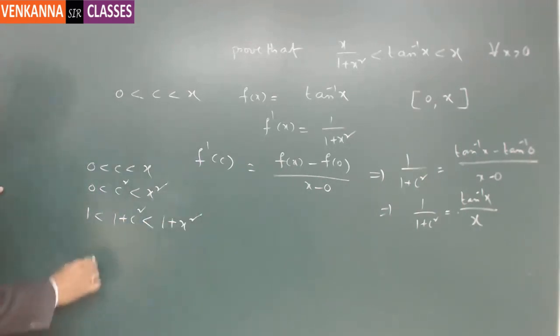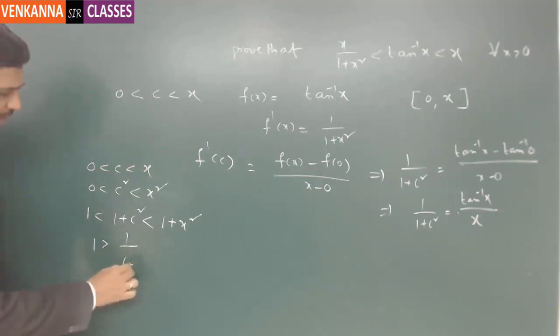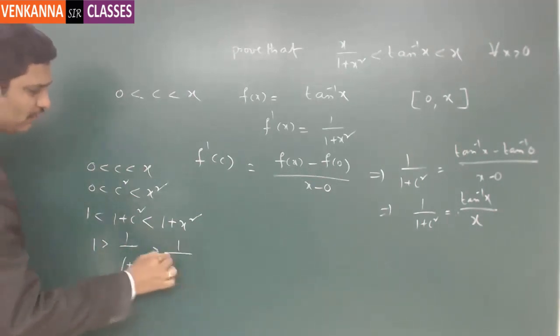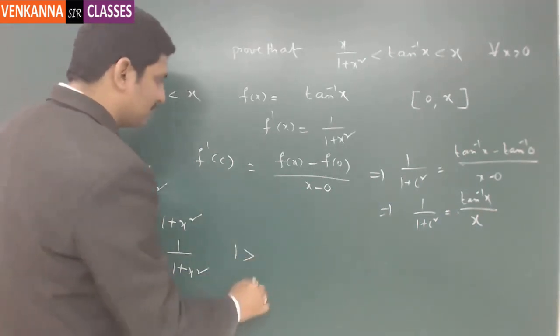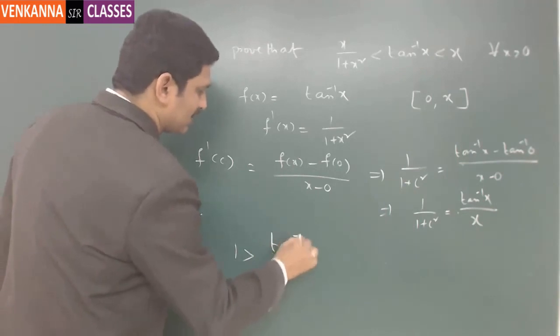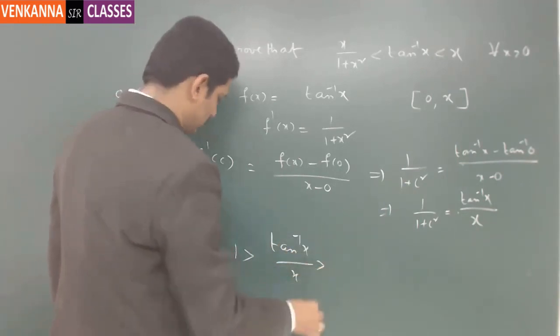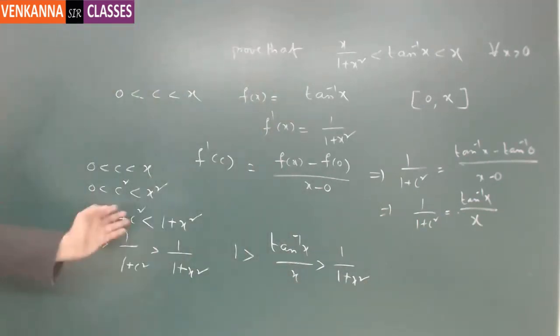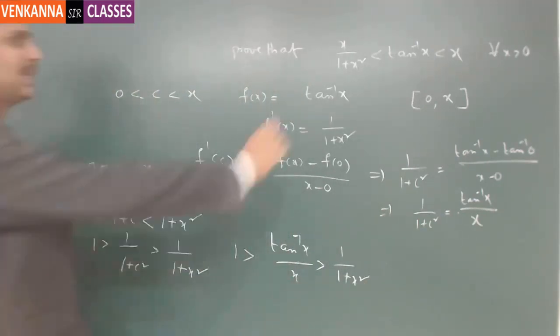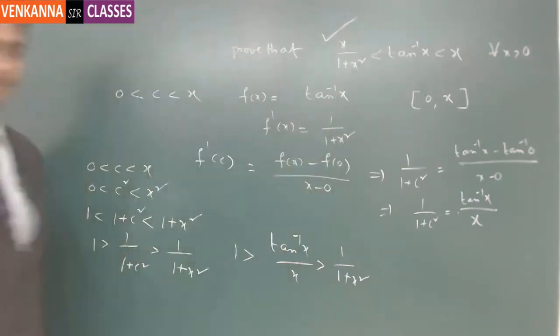Taking the reciprocal, 1 greater than 1 by 1 plus c square is greater than 1 by 1 plus x square. Substituting the value here, 1 is greater than tan inverse x by x is greater than 1 by 1 plus x square. Now multiplying with x, you will get the required inequality of the problem.